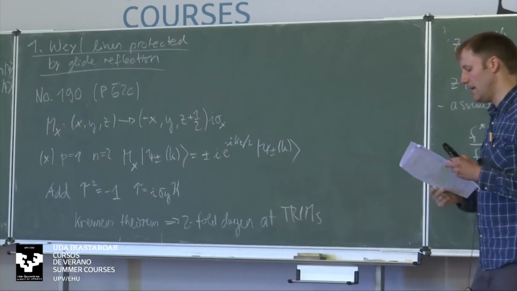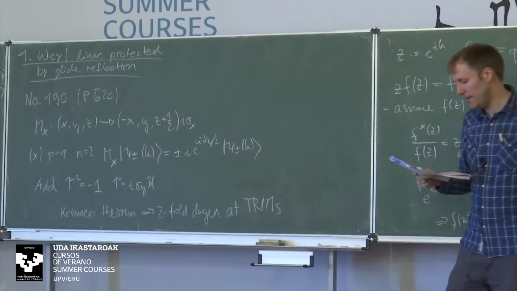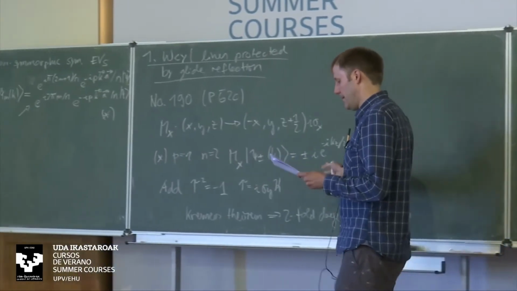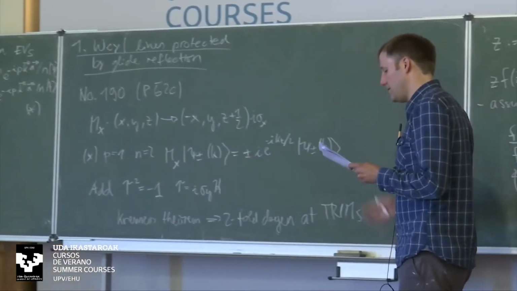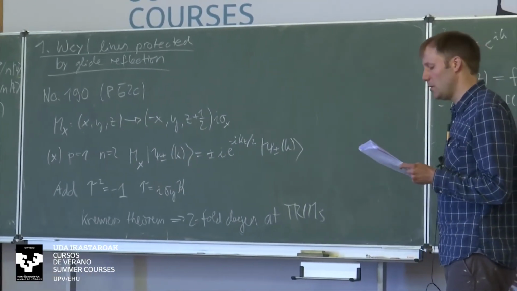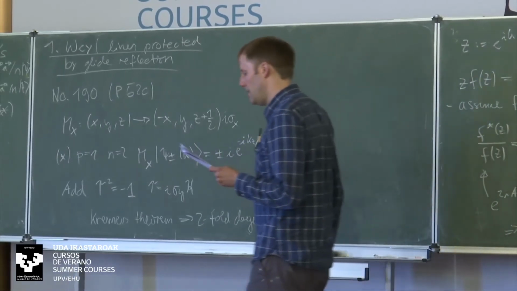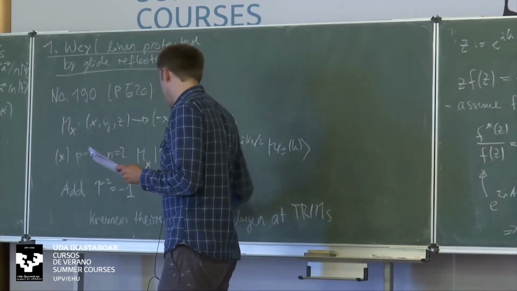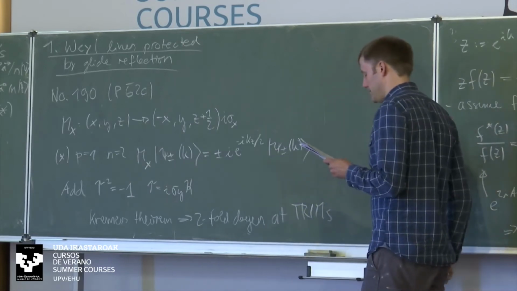So this is a simple algebraic argument you can make to show that you must have two eigenstates which are orthogonal and degenerate if you have a time reversal symmetry which squares to minus 1.